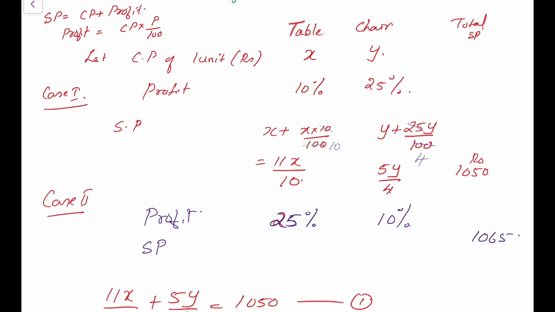So again the selling price will be x plus 25x by 100, which becomes x plus x by 4, and y plus 10y by 100.